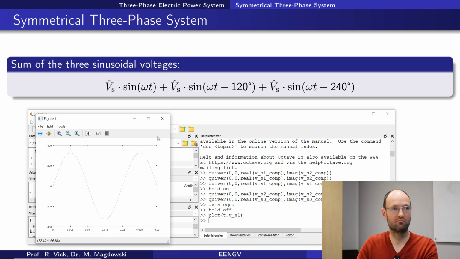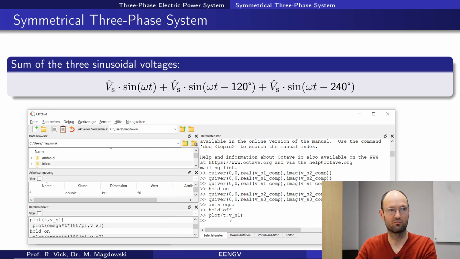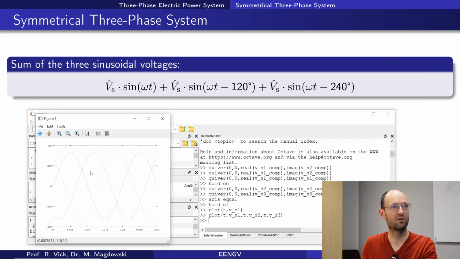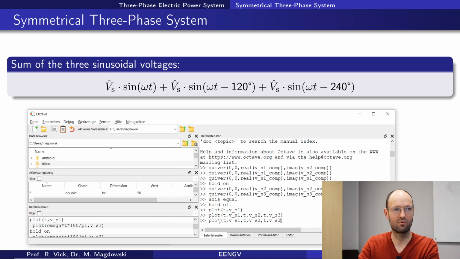And so I could of course also plot all the three into one joint diagram. So once again, as a function of time, we want to have a second voltage. As a function of time, we want to have the third voltage. So once again, I should get all the three voltages in one diagram. And now, of course, what I can do here without problems, because it's not really a formula anymore, I've converted the formula just into a bunch of values, just some array of values.